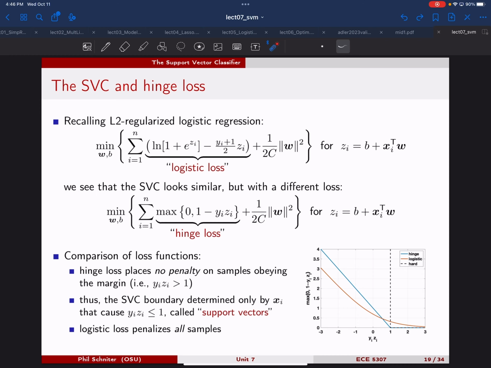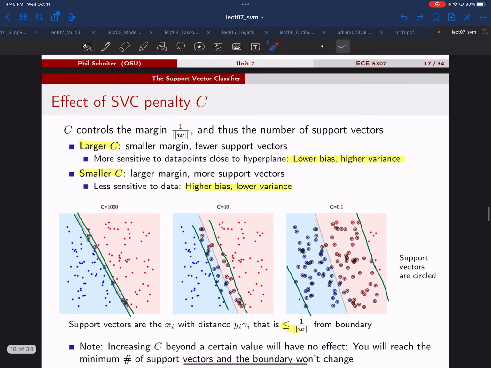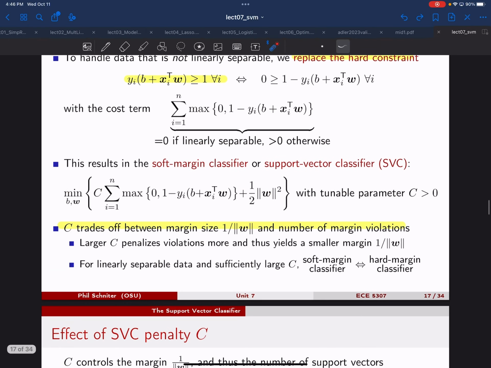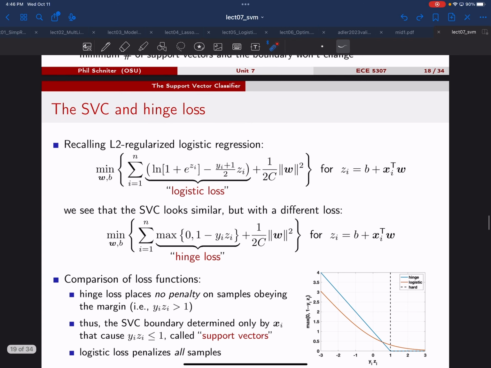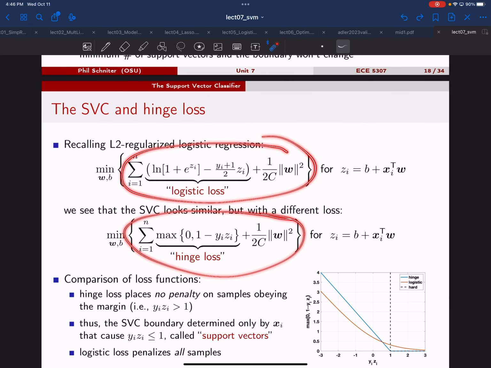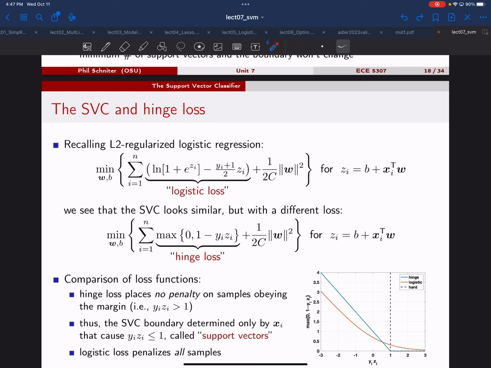And so this SVC here, we said it's like this, right? But we could equivalently divide both terms by C, and that puts the C down here, and that's essentially the same optimization problem. Now when you compare that to this L2 regularized logistic regression, they look almost identical.